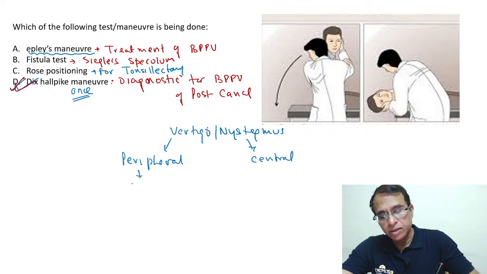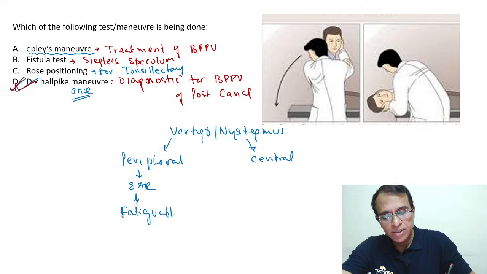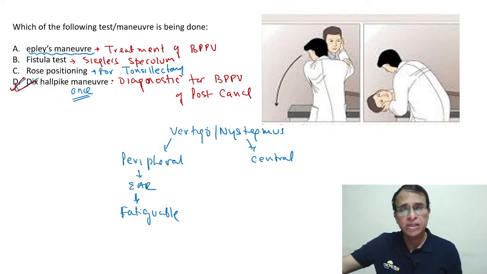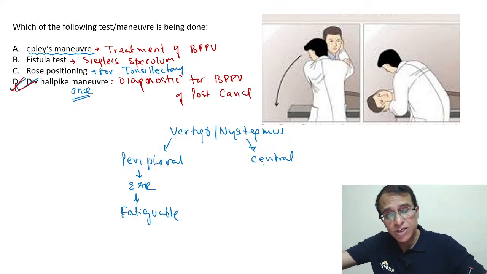Peripheral means ear, and vertigo due to the ear is fatigable. Fatigable means you cannot repeat it. It gets tired. If you do it once, and try a second time, it may happen the second time, but the third time it will not happen. You will get tired, fatigued. But the central one is not fatigable. You can do it any number of times.